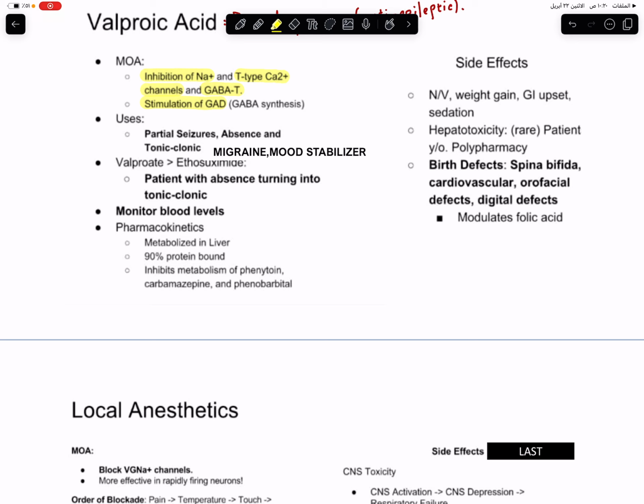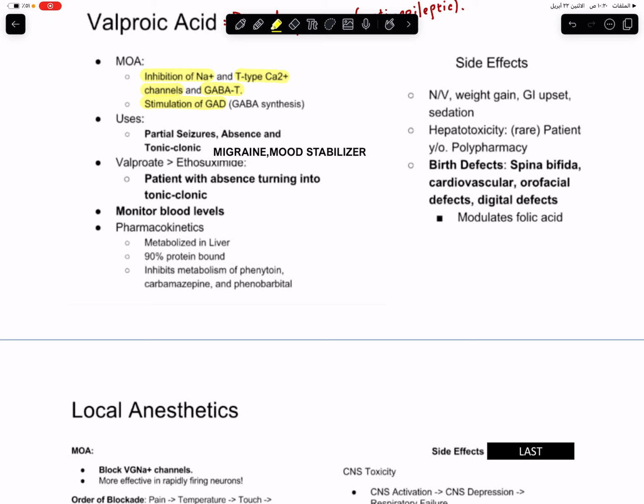One another mechanism where it will help us is the stimulation of GAD. GAD stands for glutamic acid decarboxylase. This is the enzyme that is required for the synthesis, the conversion of glutamate into GABA.